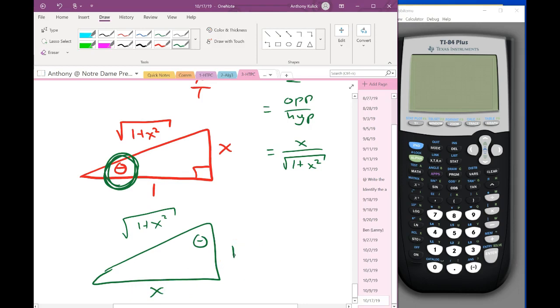It doesn't matter which angle you pick to be theta, but you have to place your opposite and adjacent relative to wherever you picked your theta. So you pick your theta first, and then fill in the side lengths. But it doesn't matter where you put your theta, unless you put it in the right angle corner, which is wrong. But you wouldn't do that. No. That would be weird. Weird choice to make, right? I'm going to put it in the right angle corner. It's like, no one's doing that.